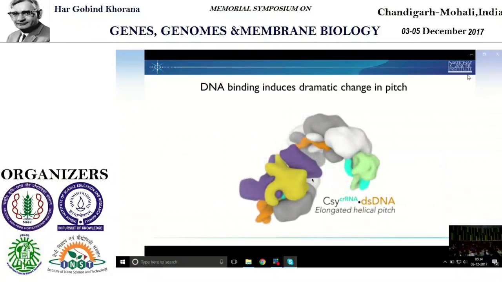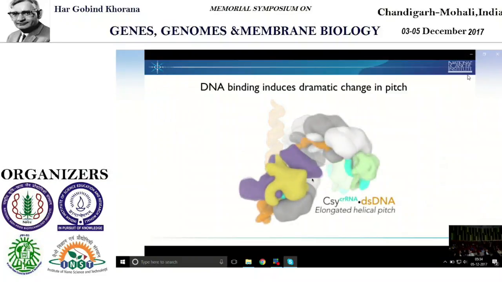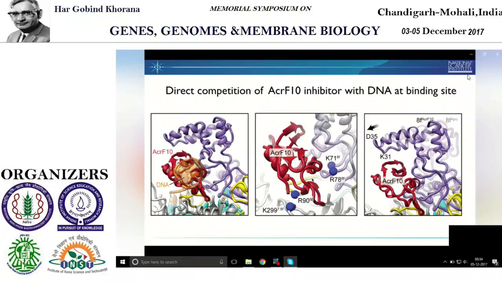We now have structures with numerous inhibitors that compete with this degradation, the phage fighting back. And now we have an understanding of the location at which these inhibitors bind. This is one such example, an inhibitor called AcrIIC1 that was reported by Alan Davidson at Toronto.